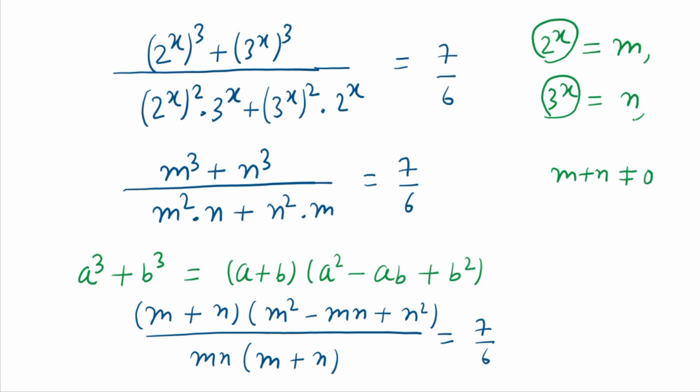Here we can say m plus n is not equal to 0, which means these cancel out. Now we have (m^2 minus mn plus n^2) over mn, which equals 7/6.